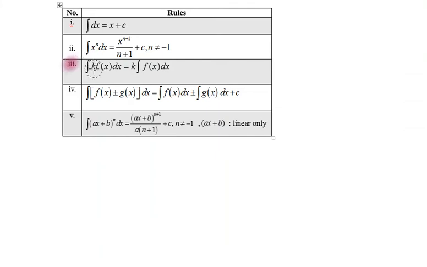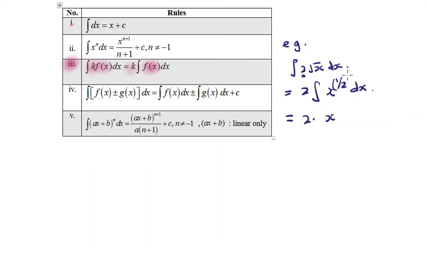The third rule involves a constant. If a constant times f(x), we can pull out the constant and then integrate the f(x). For example, integrate 2 root x. First, pull out 2. Root x is x to the power 1 over 2 with respect to x.